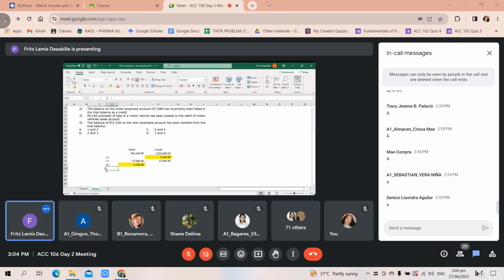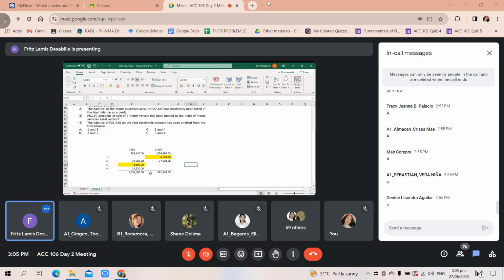Number 4. Amo lang nato tanaw nato. 21,520 on the rent receivable has been omitted in the trial balance. So wala nato na-appeal ang rent receivable which is a debit nga 21,520. So dapat nato siya i-butang. So I think by doing this one, we would have an equal delay.